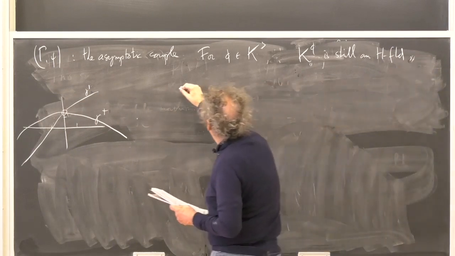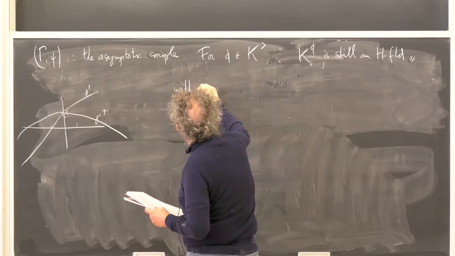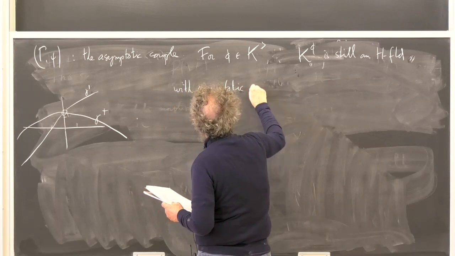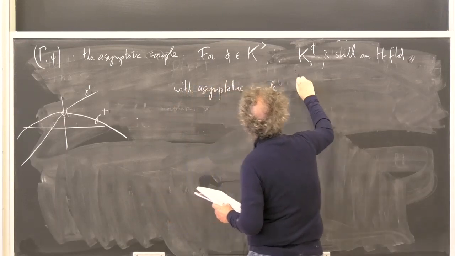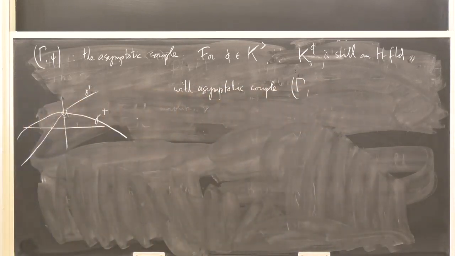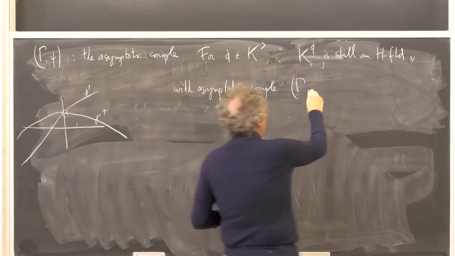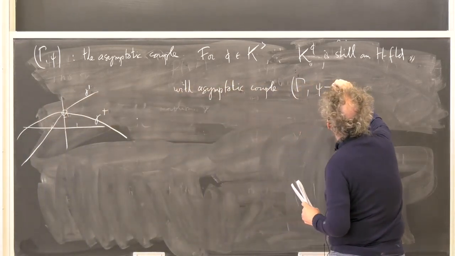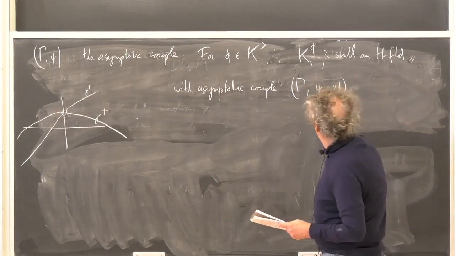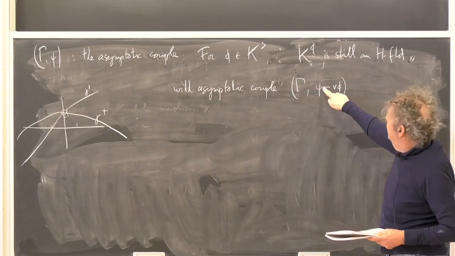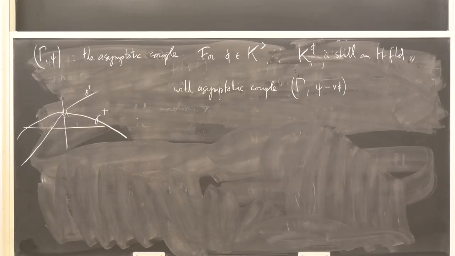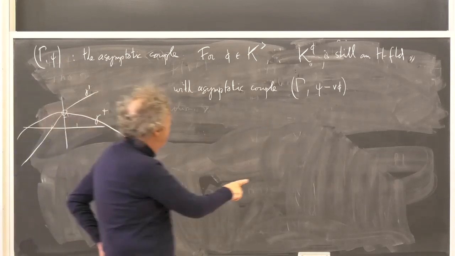With asymptotic couple: what happens? The valuation doesn't change. I'm only changing the derivation. It's little psi now minus the valuation of phi. So it's the psi function, or the dagger function if you like, but you always subtract the valuation of phi.